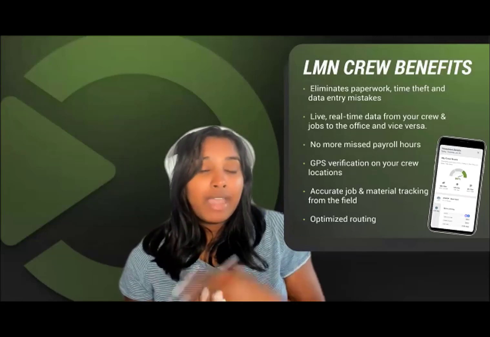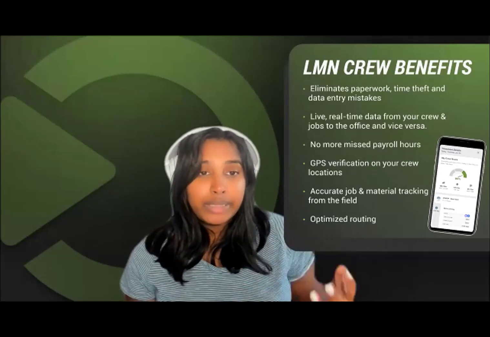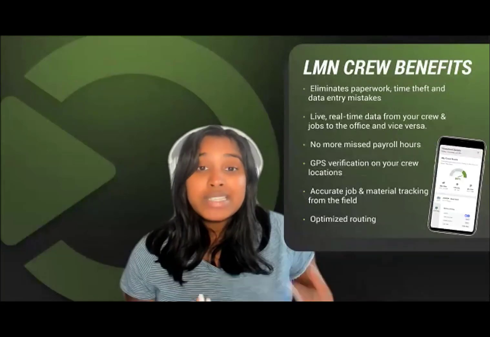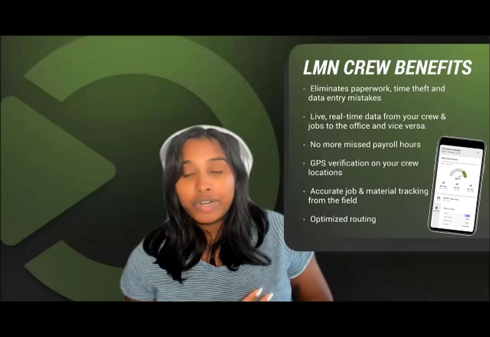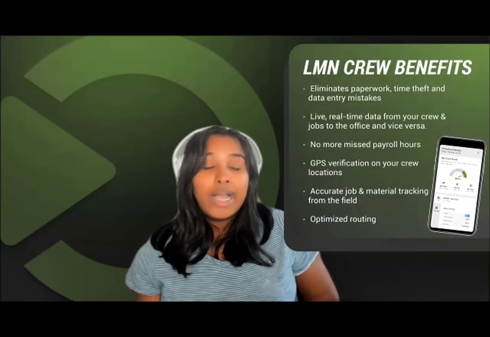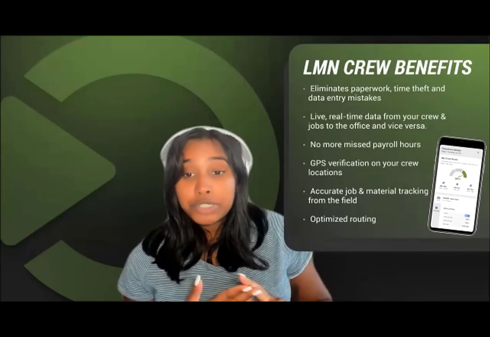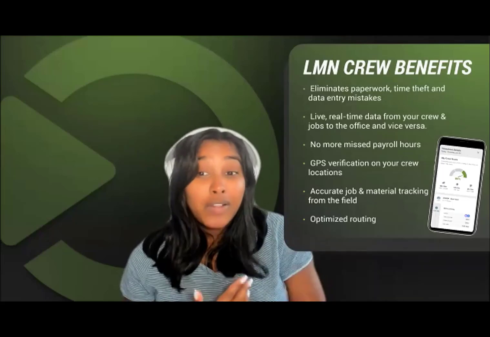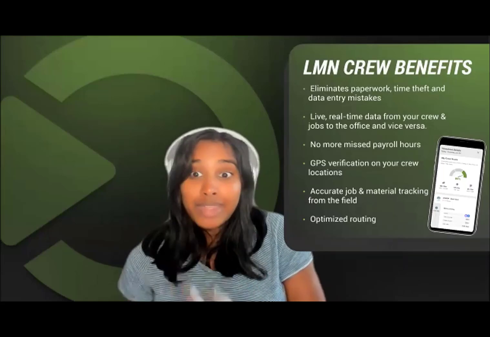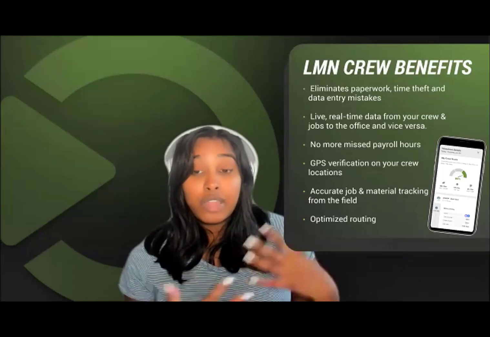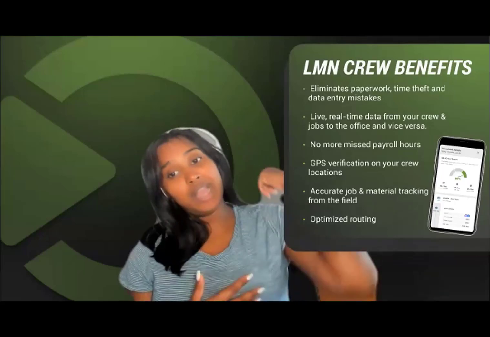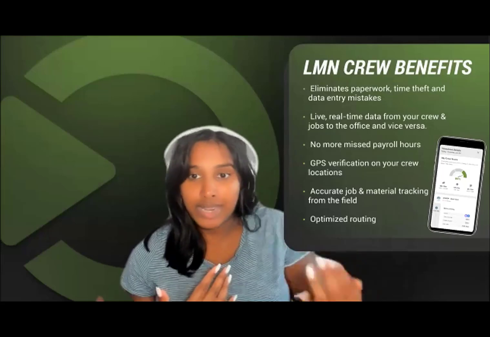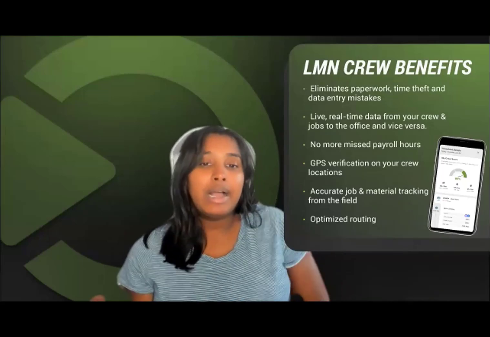So that way, as a division manager, anyone in the office that wants to see what jobs are currently in progress, they can go ahead and just open that up on their LMN screen to see where your crews are at, what jobs are currently in progress right now, rather than having to call each crew and manually asking them where they are. So it's just a lot of operational excellence without any kind of phone tag. Rather, they can just log in and they can see what's happening.